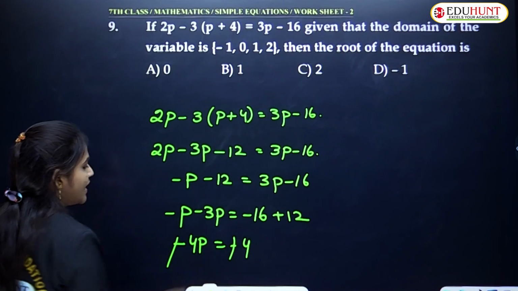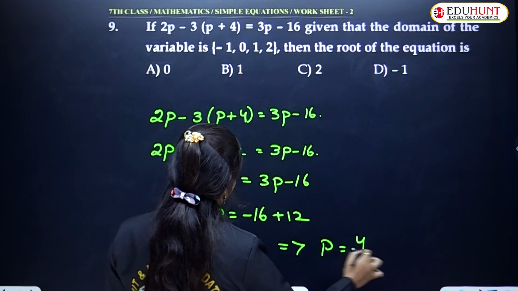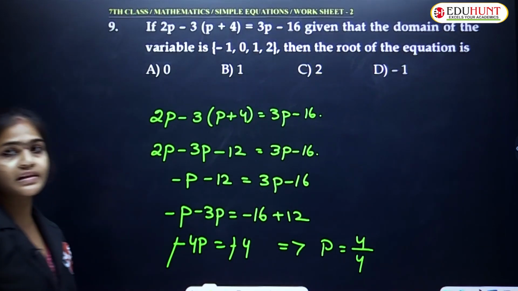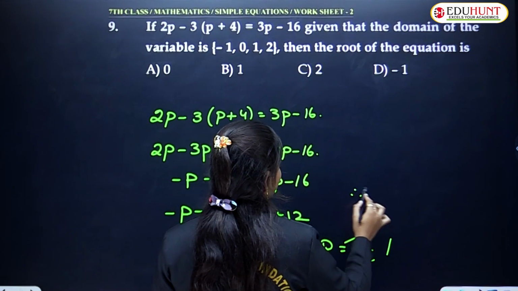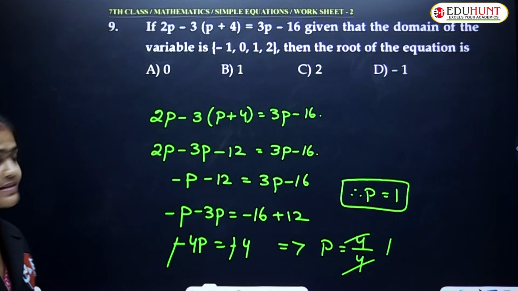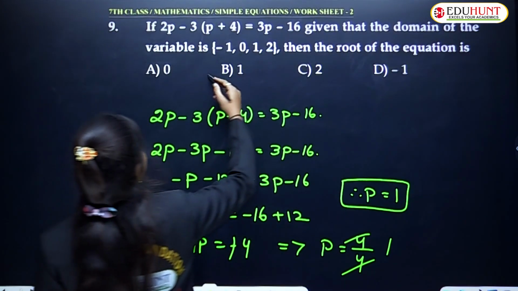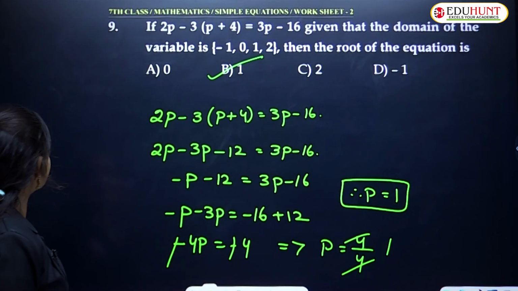Okay, minus minus gets cancelled. Finally, p is equal to 4 by 4, and here 4 and 4 get cancelled. Finally, the value of p is 1. Okay, which option is correct ma here? Option B is correct. Okay, yes.